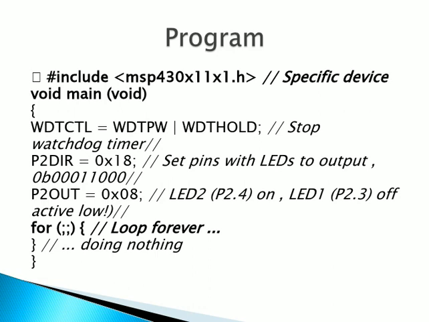This is used to configure port pins P2.4 and P2.3 as output pins where your LEDs are connected. Means you are setting your LEDs to the output pins. And P2OUT sets LED 2, that is P2.4, on, and P2.3 off, which is active low. This continues forever.